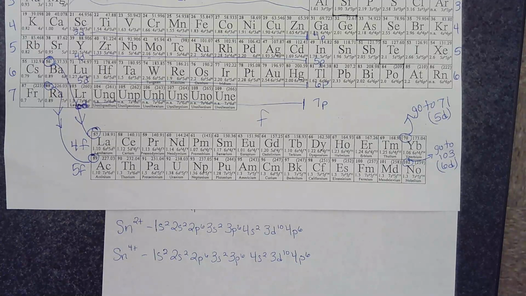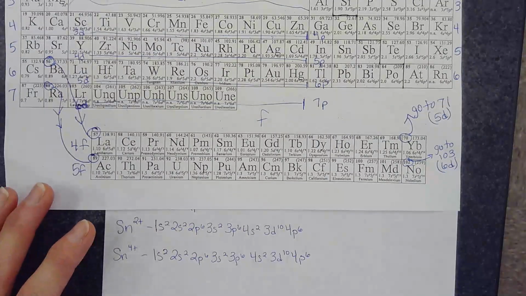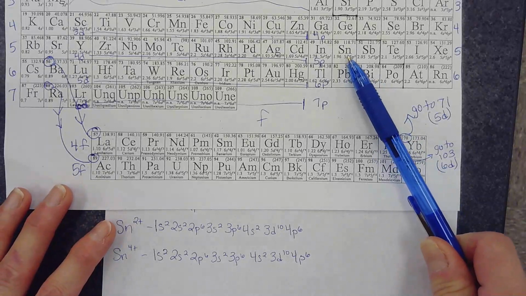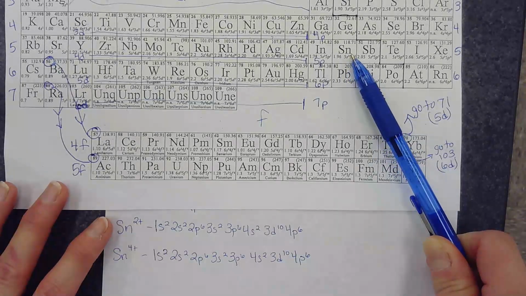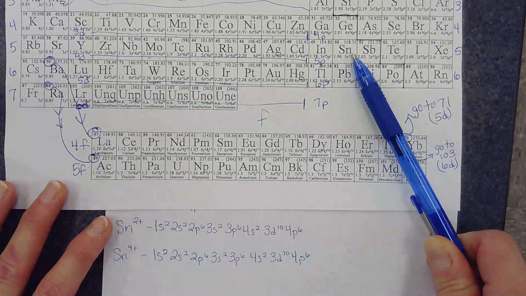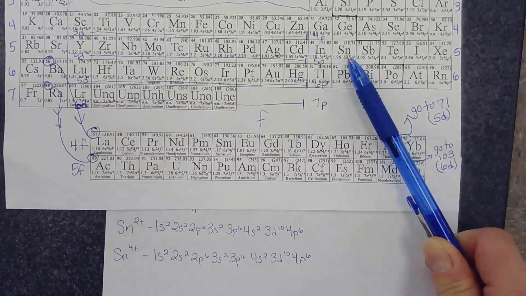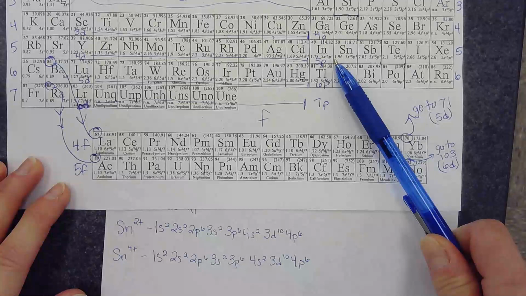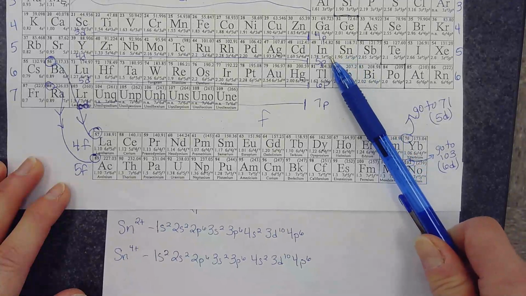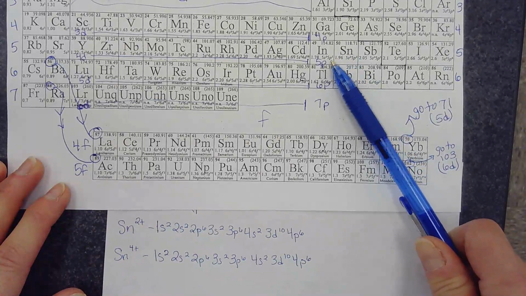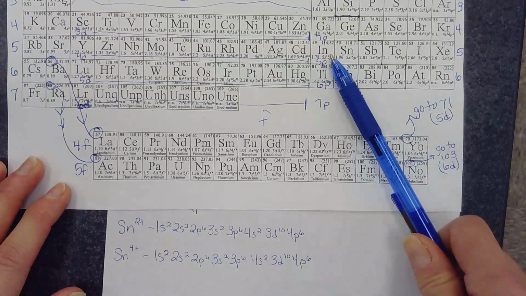Which electrons are lost to become 2 plus? Here's tin. What electrons are lost to become 2 plus? Tell me. The 5p electrons right here. Do you see that? Is p full? No. So which one's it going to lose first? It's going to lose 5p2.